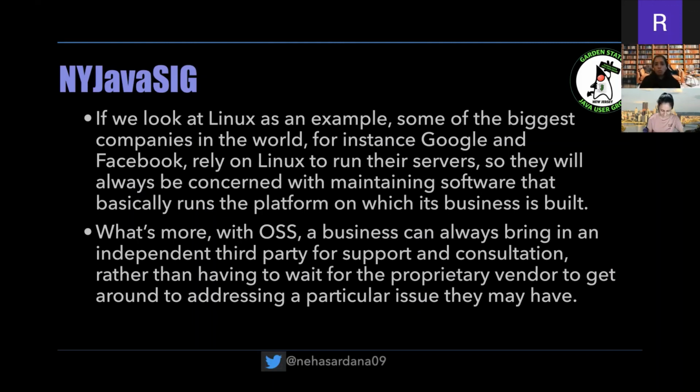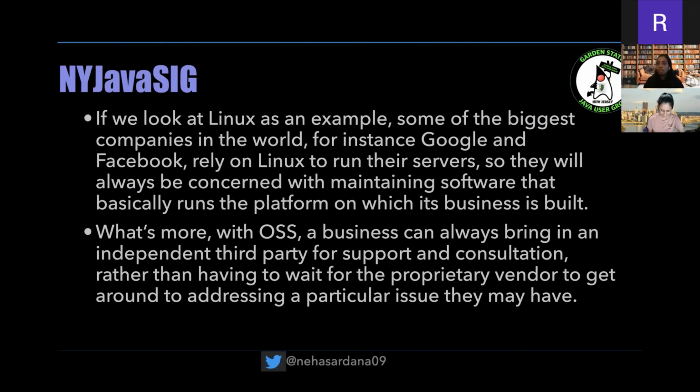And what's more, with open source, the business can always bring in independent third-party support for consultation and support, rather than having to wait for the proprietary vendors to get around to addressing an issue. You can bring in more people and have support and consultation for your software.